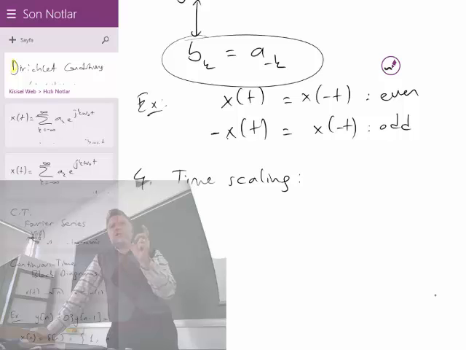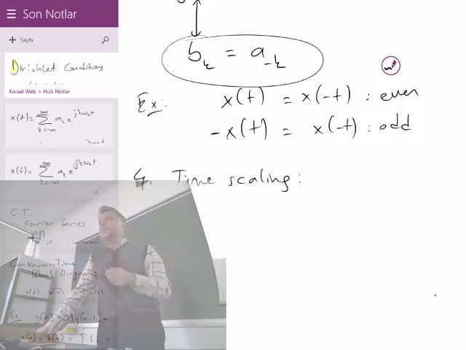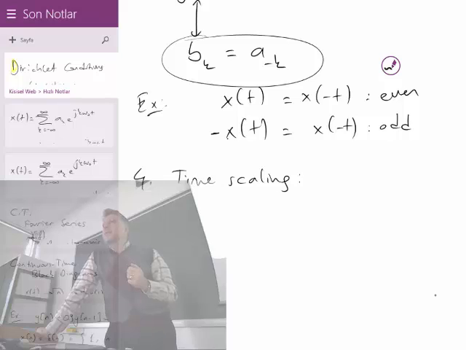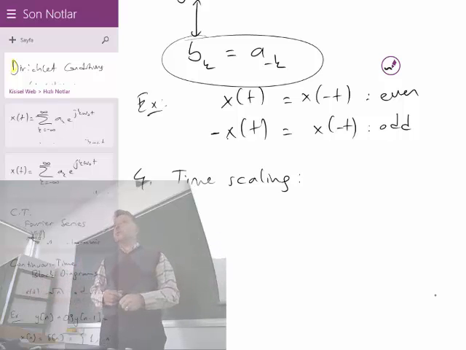If I change omega 0, if I increase or decrease the frequency, if I stretch it or squeeze it, what would be the Fourier series coefficients? It would be again 1 over 2 and 1 over 2. A cosine will always have two Fourier series coefficients of 1 over 2 and 1 over 2, no matter how frequently oscillating, squeezed or expanded version it may be.